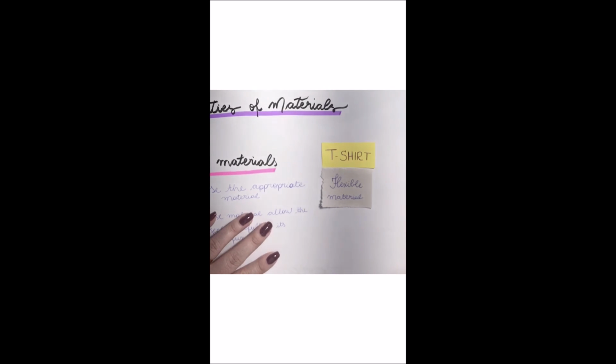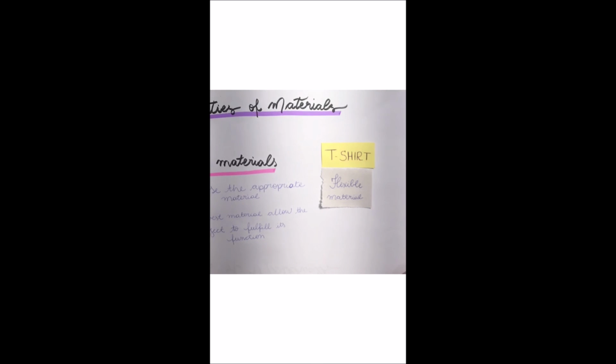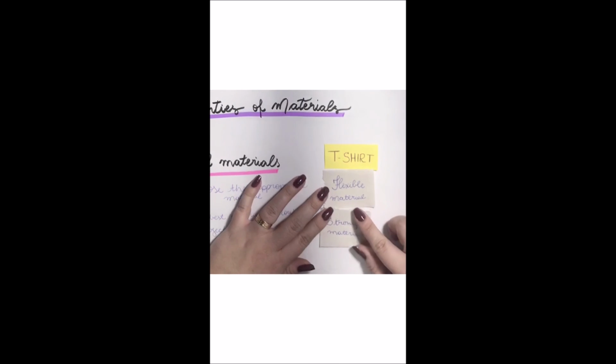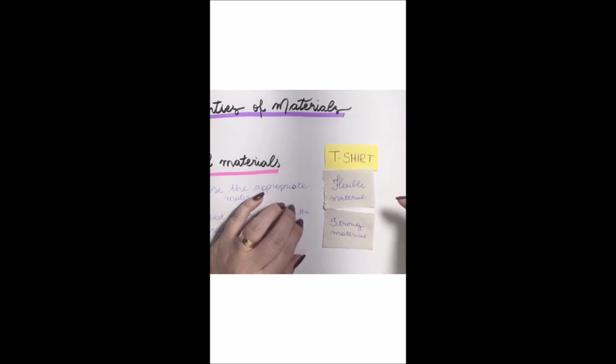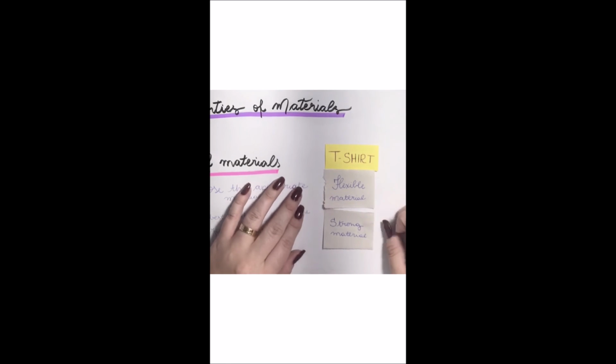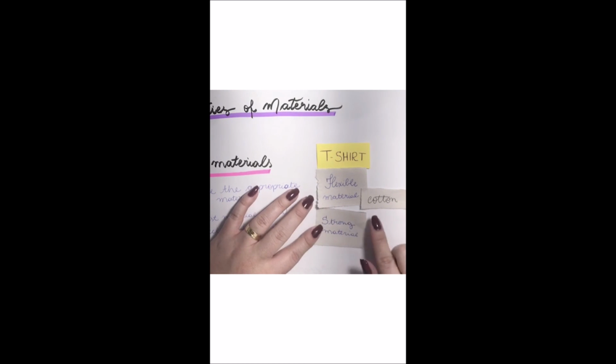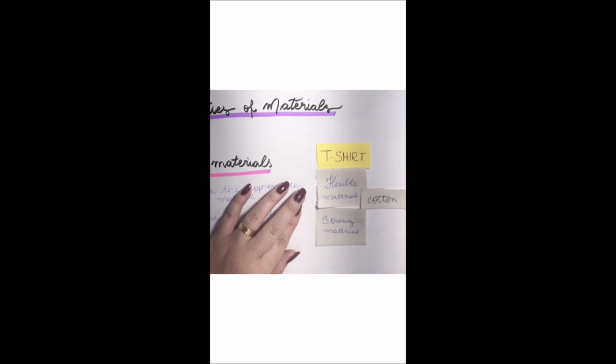But also, do you want your t-shirt to rip or to get destroyed? No, so we also need a strong material because we want our t-shirts to last, right? So what material are we talking about here? Let's see, we can say that we're talking about cotton. Many t-shirts are made of cotton. Or also we can talk about wool.